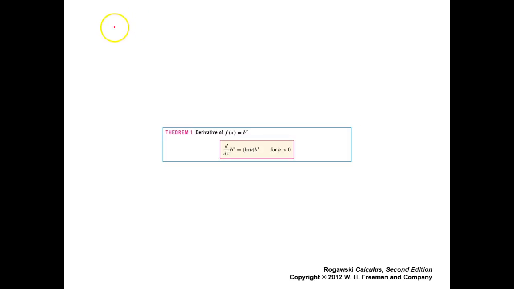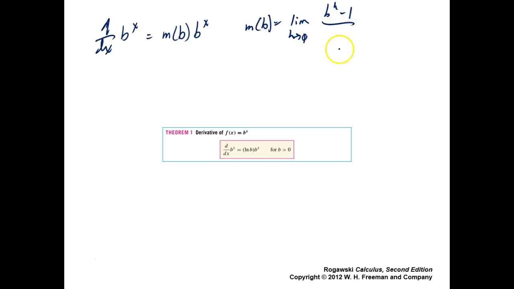Let's write this down again. d by dx of b to the x is equal to some coefficient function, m of b, times b to the x. What is that m of b? The m of b is equal to the limit, as h goes to 0, of b to the h minus 1 over h.